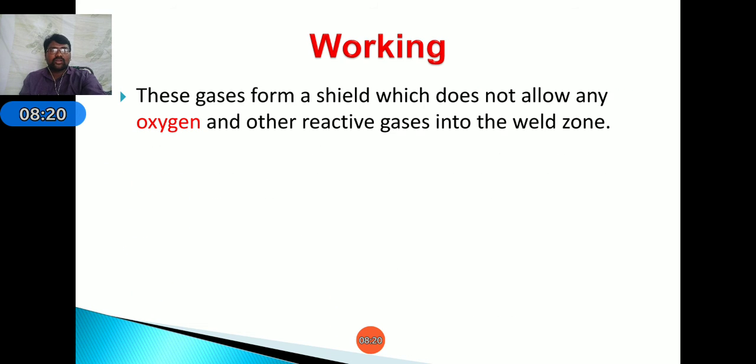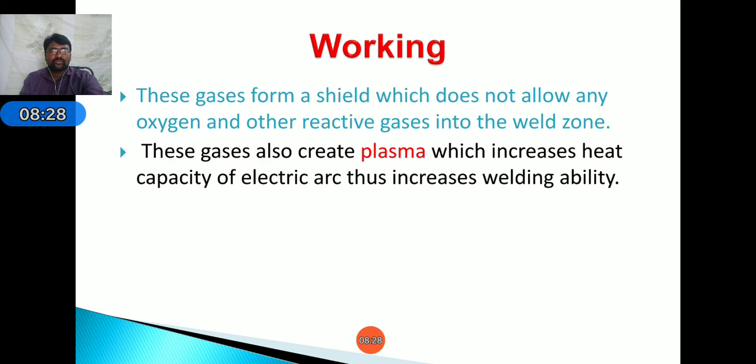The gases form a shield which does not allow oxygen and other reactive gases into the weld. These gases also create plasma which increases the capacity of the electric arc, thus increasing the weldability.